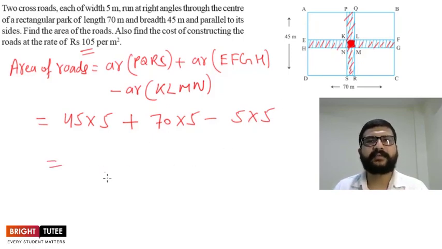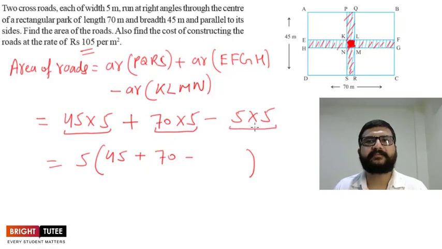Now from here we can do one thing, we can take 5 common. So in bracket, what we will write now, from the first term we are left with 45 as we have taken 5 common. Now from the second term we are left with plus 70 minus, we have taken 5 common from here, so we will write minus 5 here.